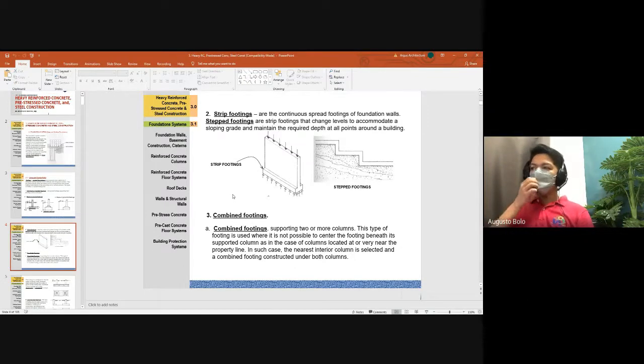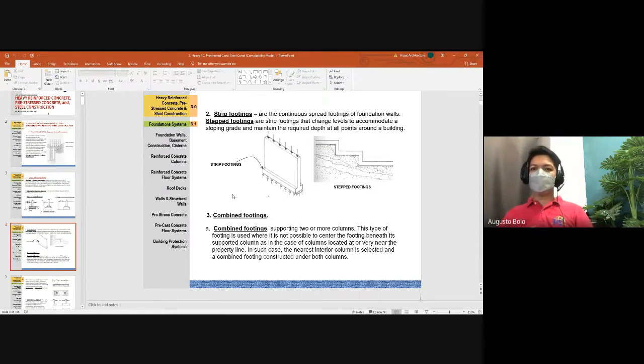Combined footing. Okay. For BT3, as much as possible, you have to identify or at least know na may mga cases sa ating plan. Halimbawa, binigyan kayo ng scenario na may design problem. Nagkataon na may magkatabing columns na pag ginawa nyo ng footing, parang nag-overlap na yung footing niya, di ba?